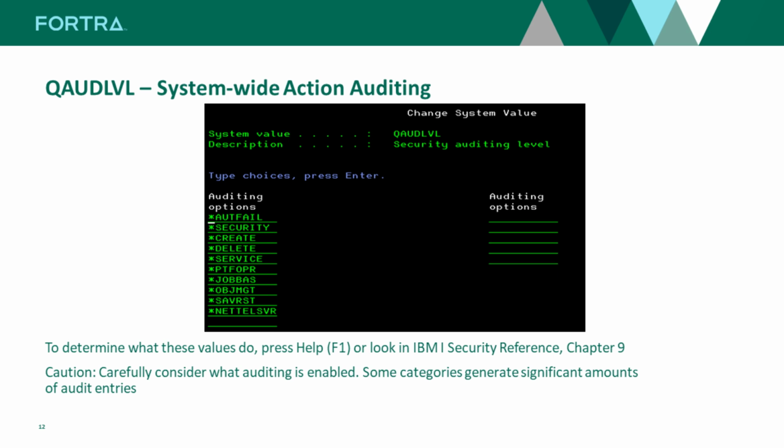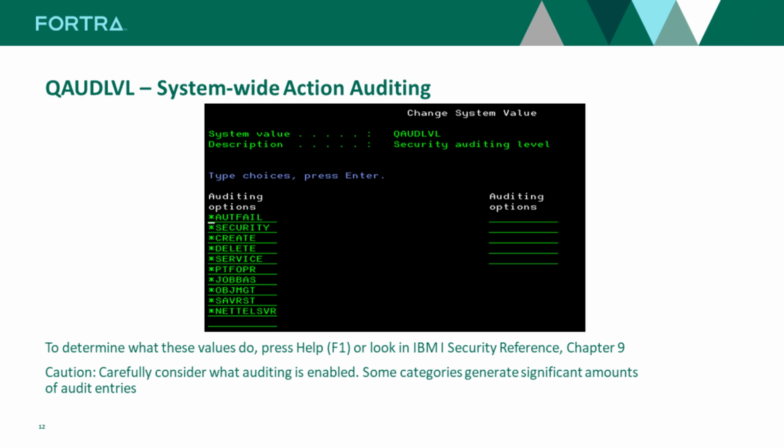I can't tell you how many times that came up as who deleted that file or who deleted that program or library, and we had to go and track it down. *SERVICE, that one's going to tell you if people are going to service tools. And I got to tell you, that shouldn't be very often, so that is not necessarily a consideration about space.